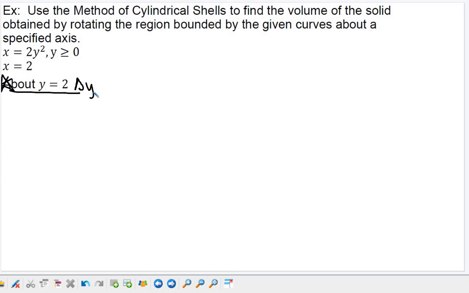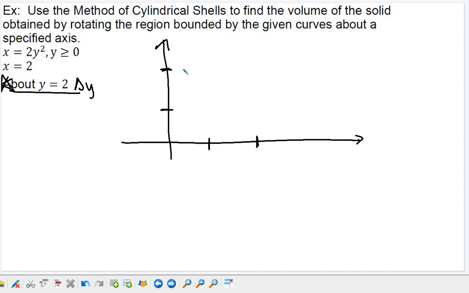Okay, so I know immediately if I'm rotating around y equals anything or the x-axis, then I'm integrating with respect to y. So the next thing I need to figure out, now I'm going to assume I'm in quadrant 1. I only have one function, so y greater than 0 and x is equal to 2. So I'm in quadrant 1 for sure. Okay, so I have 1, 2, 1, 2.